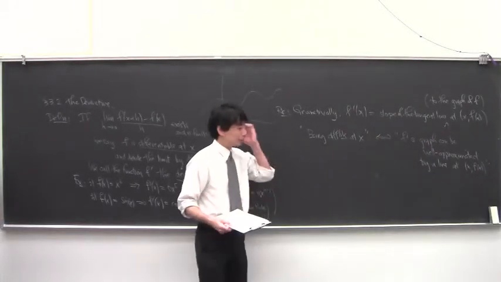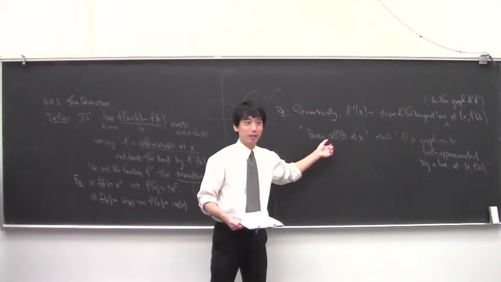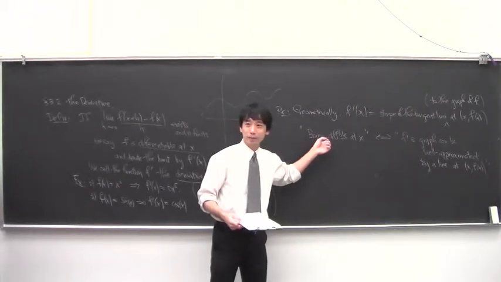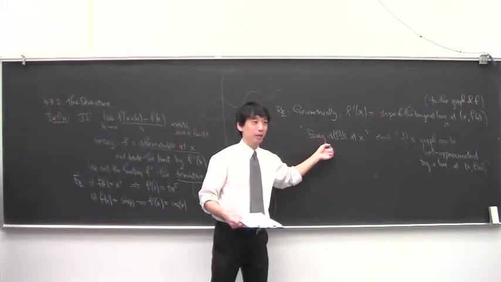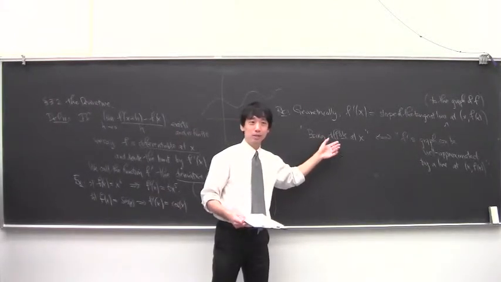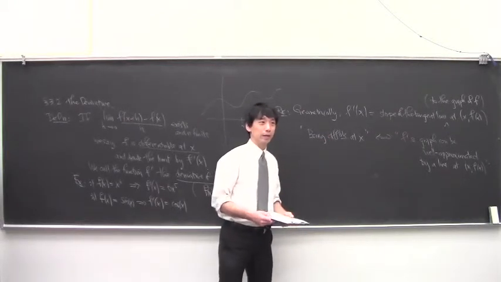This is important. When the scientists talk with me, they say, make sure that you get this across to students, that being differentiable means that you are well approximated by a line. Your function basically is linear there, or it's very close to linear there.